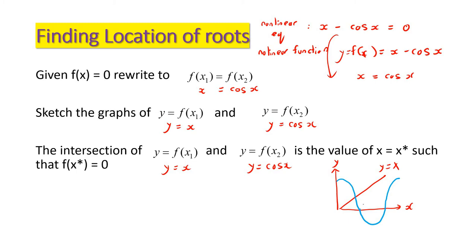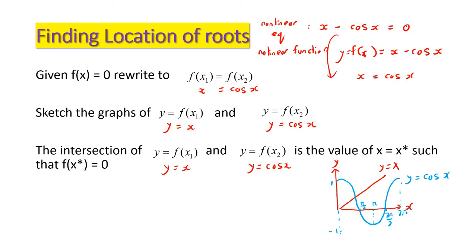Here is pi over 2, y equal cos x. Cos pi over 2 is 0. This point is actually pi. Cos pi is negative 1, so this value is negative 1. Cos 0 is 1. My graph is not that accurate. This point is 3 pi over 2, and this point is 2 pi. I just sketched the positive part.